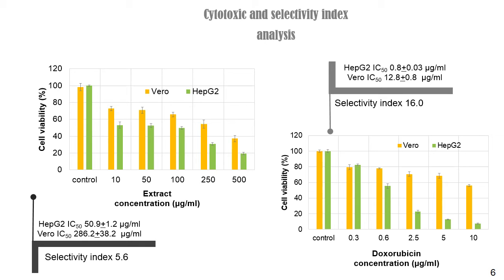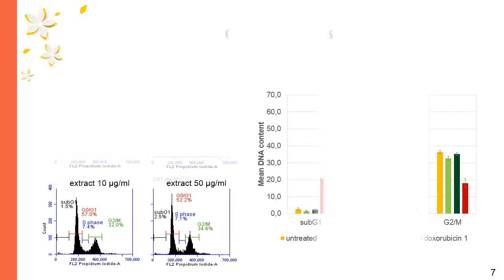Doxorubicin had more potent activity with an IC50 of 0.8 for Hep-G2 and 12.8 microgram per milliliter for Vero cells, with a selectivity index of 16. Several references mention that a selectivity index value greater than 3 indicates high selectivity towards cancer cells.